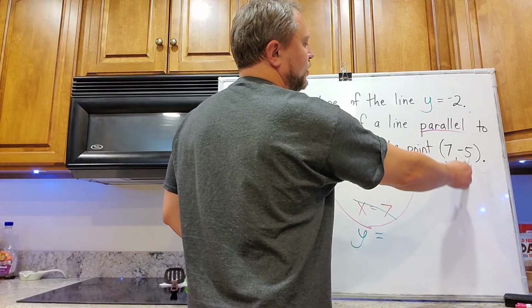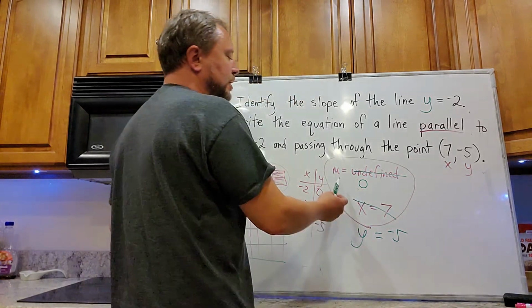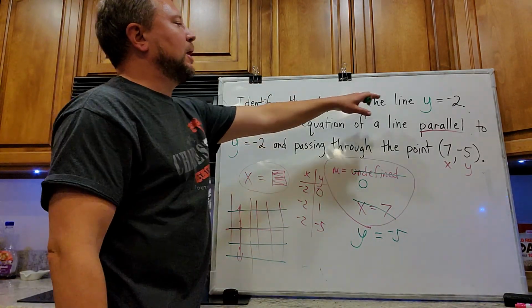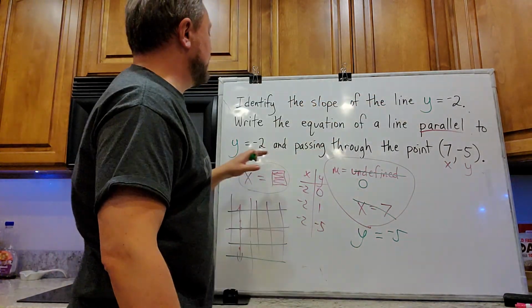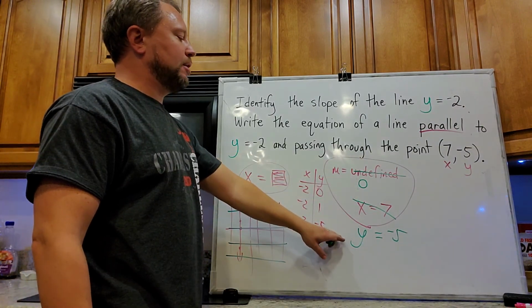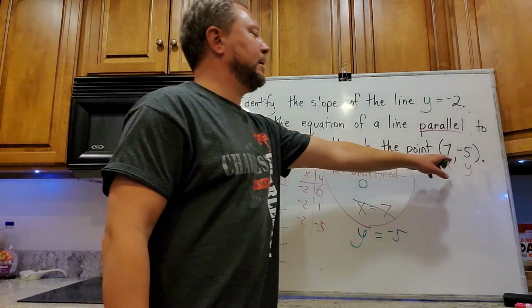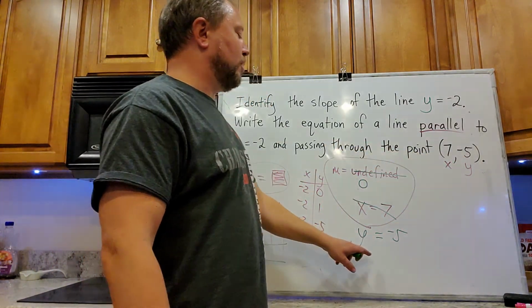So the y value here is negative 5. So if the line was changed to y equals negative 2, its slope is now 0, and the parallel line is y equals negative 5. We steal that y value.